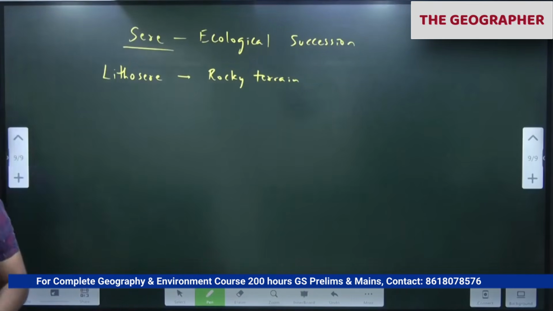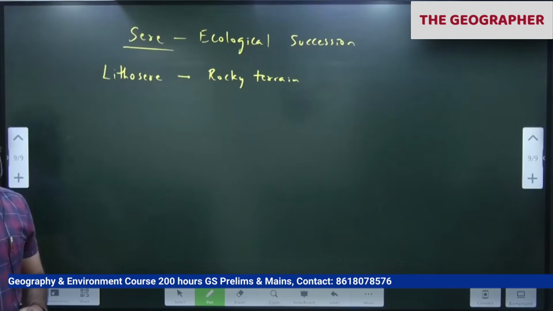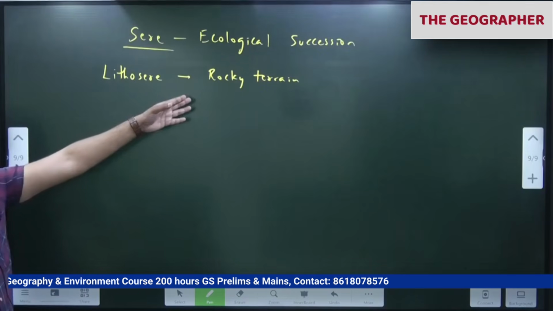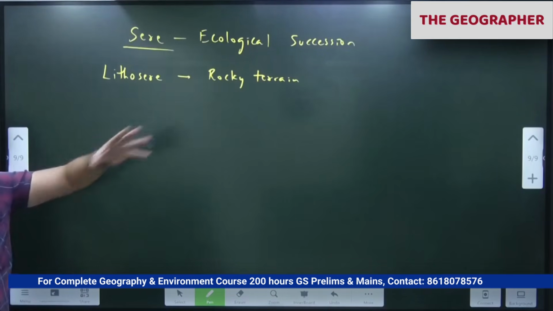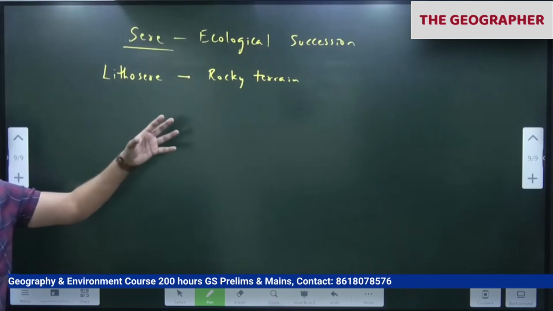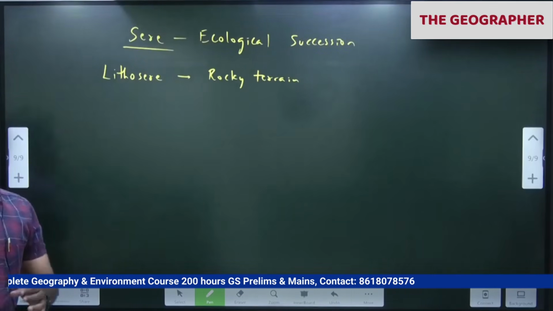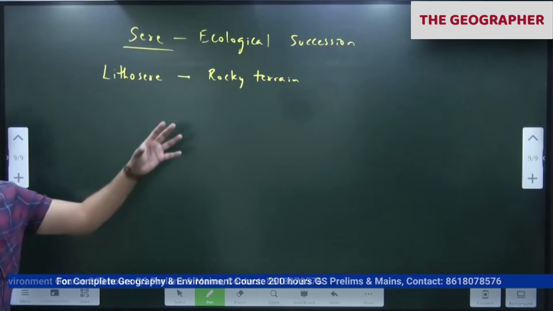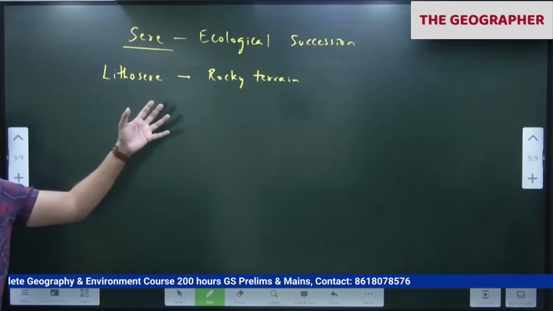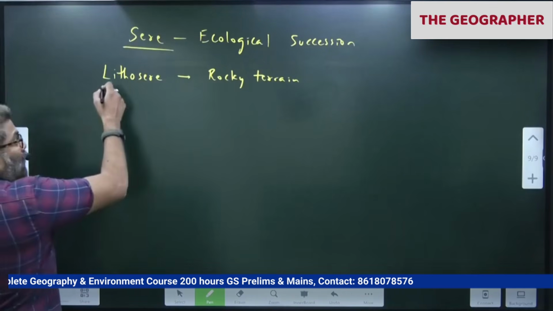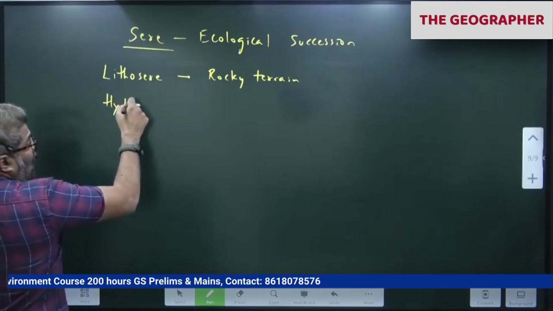You go to Gandikota, Kadapa region, near Jammalamadugu, you will see a lot of only rocks. On top of that vegetation can be seen. Around Hampi you can see rocks, and in between the vegetation is growing. So slowly the ecological succession starts on those rocks. That is lithosere.